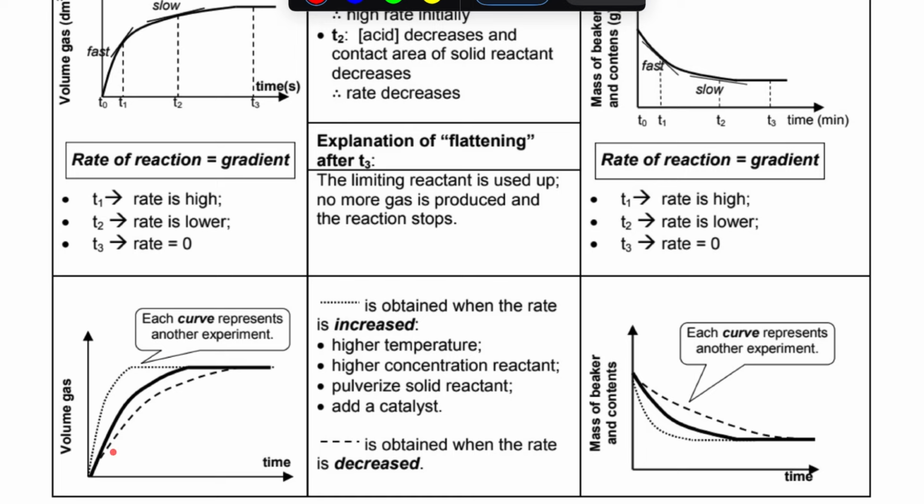You have done it at a lower temperature, or you decreased the concentration, or you decreased the state of division. So guys, here it's a higher rate because this one is steeper, and then this is a low rate, and then this is the lowest rate. Always the one on top is the highest rate.